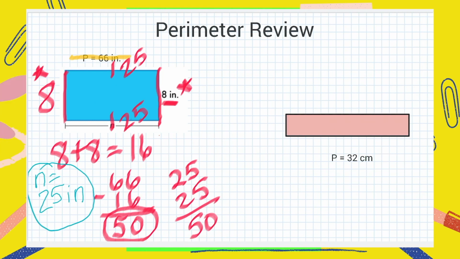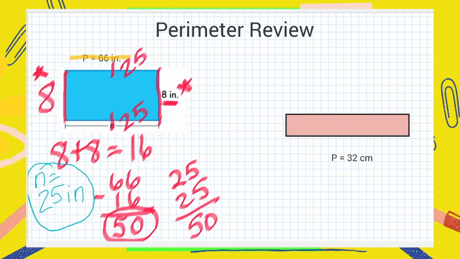That was really good. All right, now let's take a look at the second rectangle. This rectangle has a slightly different shape. It gives us a perimeter of 32 centimeters.